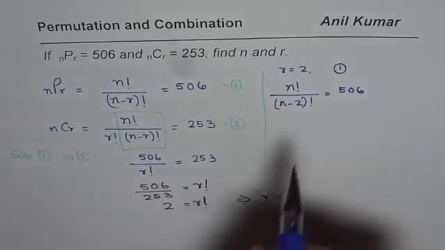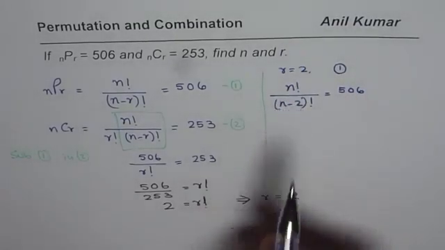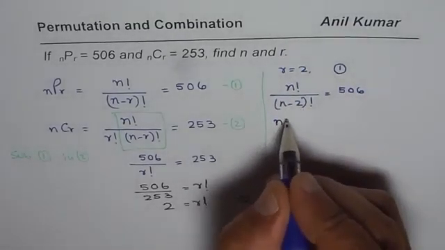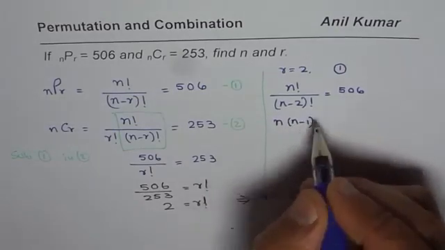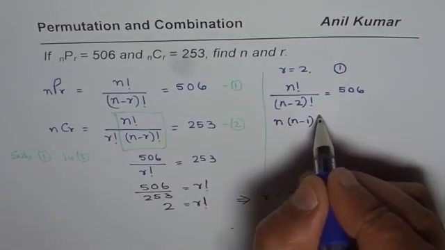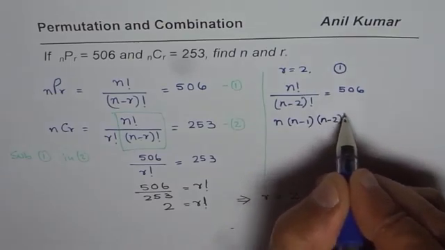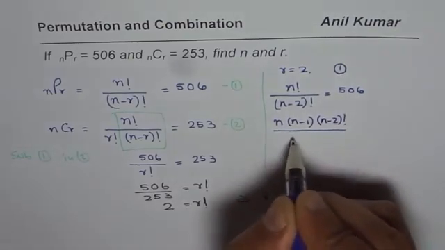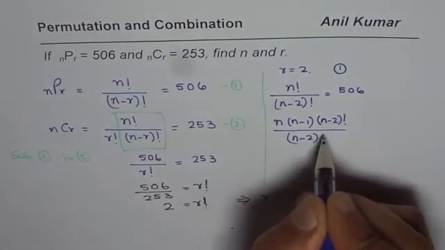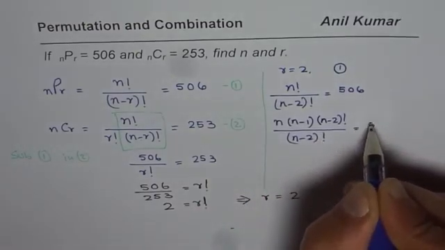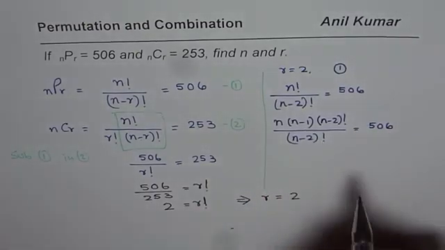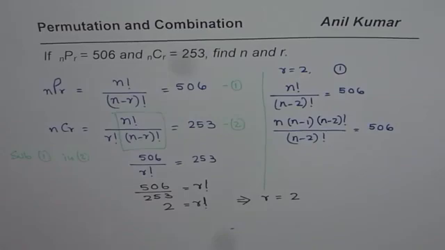506. Now n factorial divided by (n minus 2) factorial could be written as n times (n minus 1) times (n minus 2) factorial divided by (n minus 2) factorial, and that is equal to 506, correct? So (n minus 2) factorial cancels.